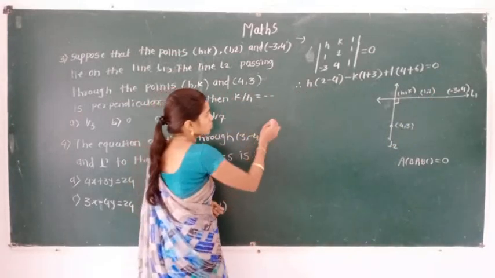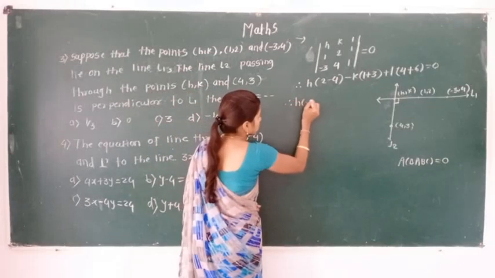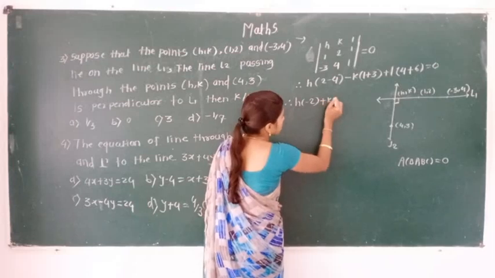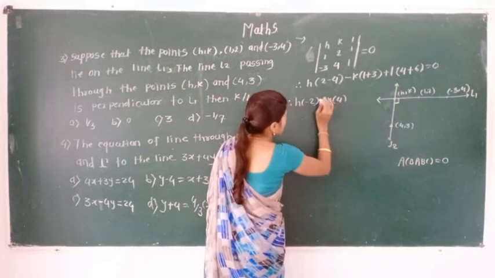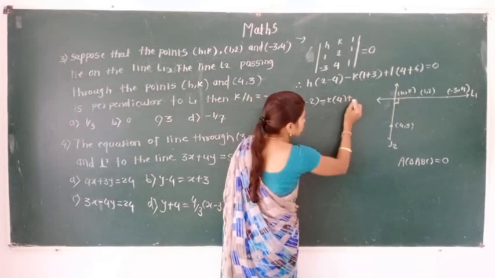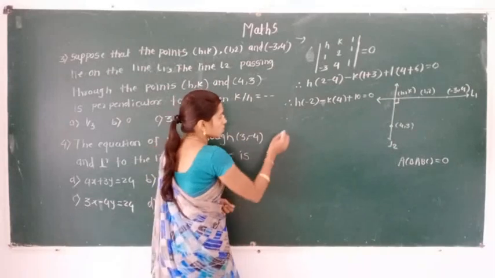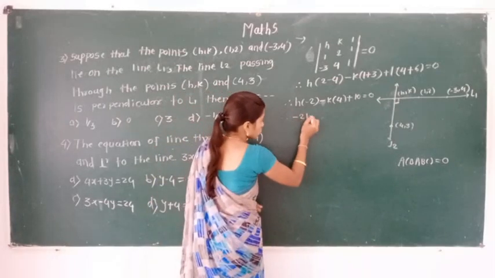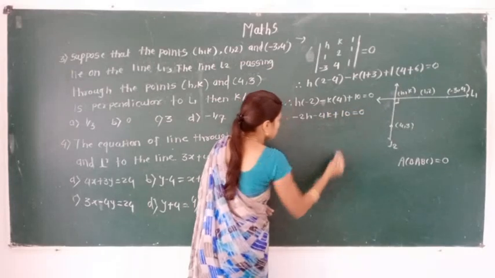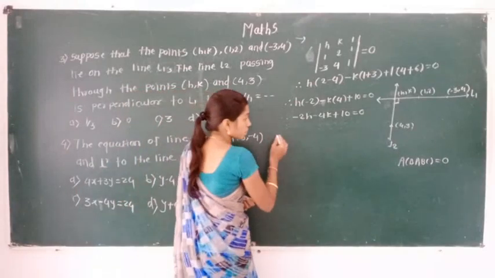Okay, now simplify this. We write here h in bracket minus 2, minus k in bracket 4, plus 4 plus 6 gets 10, is equal to 0. So we get the equation minus 2h minus 4k plus 10 is equal to 0. Multiply both sides by minus sign, we get minus 2.